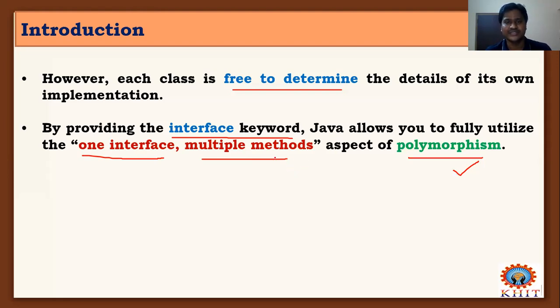This was already achieved by us in the concept of inheritance by creating a class hierarchy, creating classes level by level and accessing the methods defined in the superclass and subclasses. In the same way here also, the interface lets you fully utilize the one interface, multiple methods concept. And that leads to the successful implementation of polymorphism using the interface keyword in Java programs.